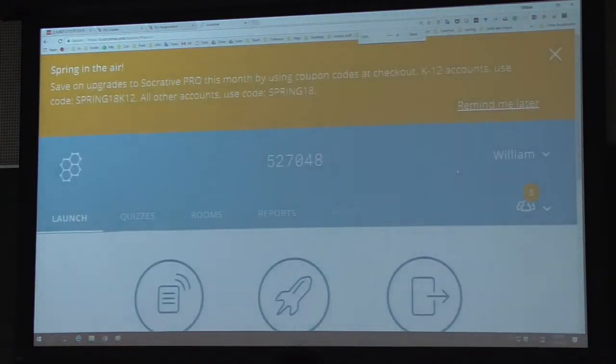So that's the room number, 527048. Okay, everybody ready?